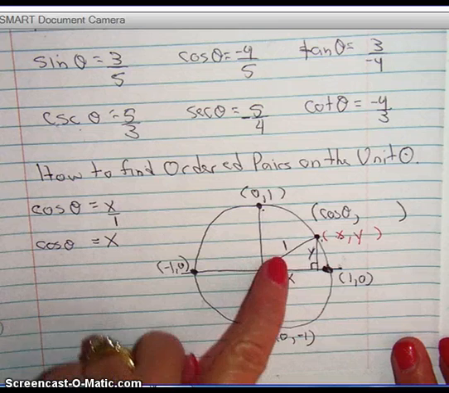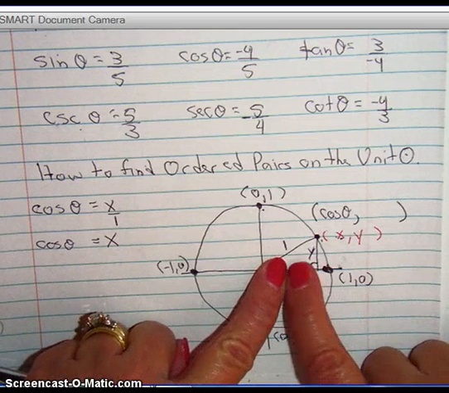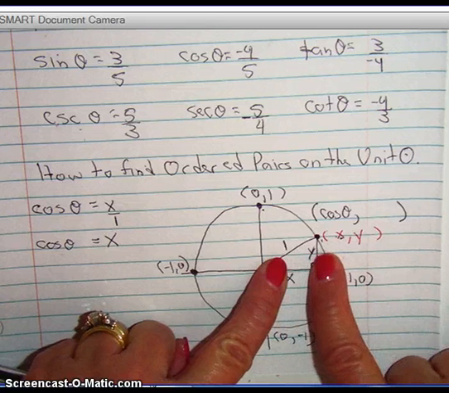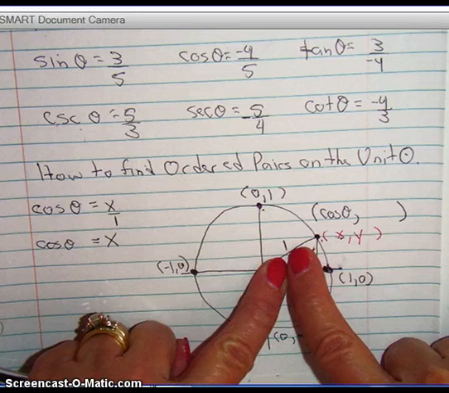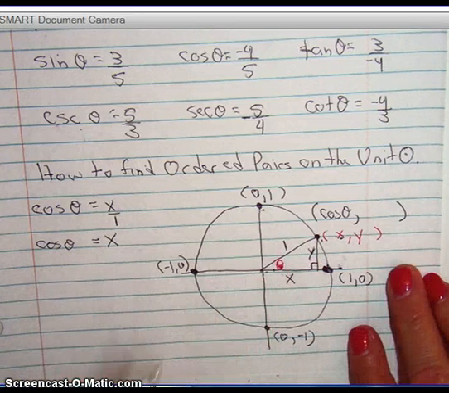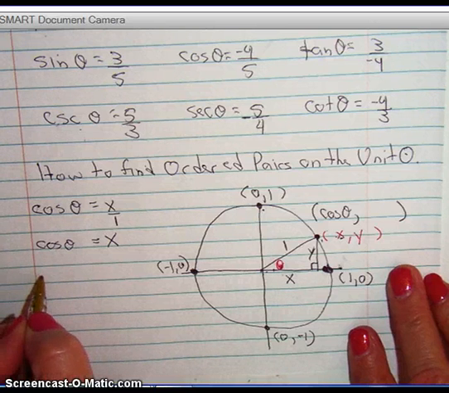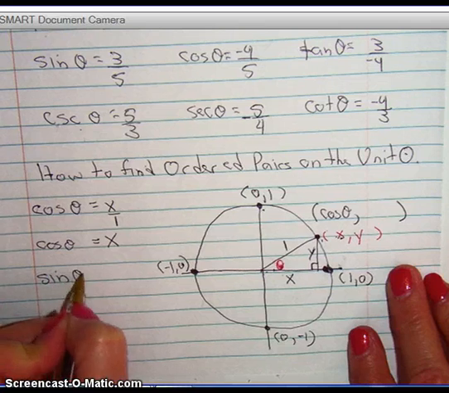So I'm going to put my finger on theta. Drew, from my finger, y is what word? And 1 is what word? Yeah, and which trig function is opposite and hypotenuse? Sine. So sine, by the word goes the angle.